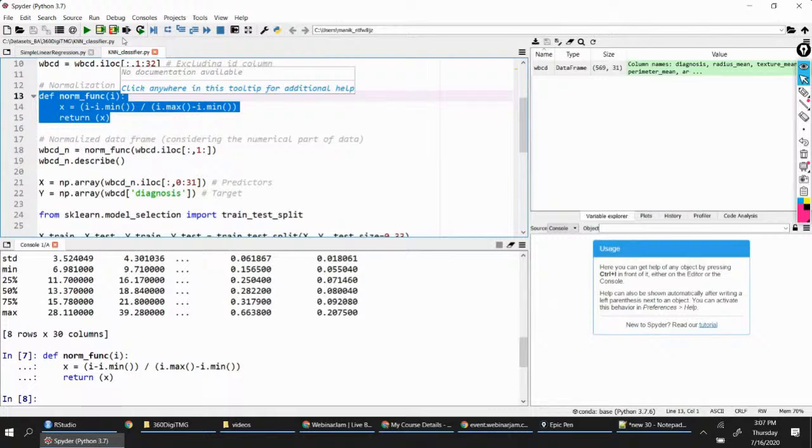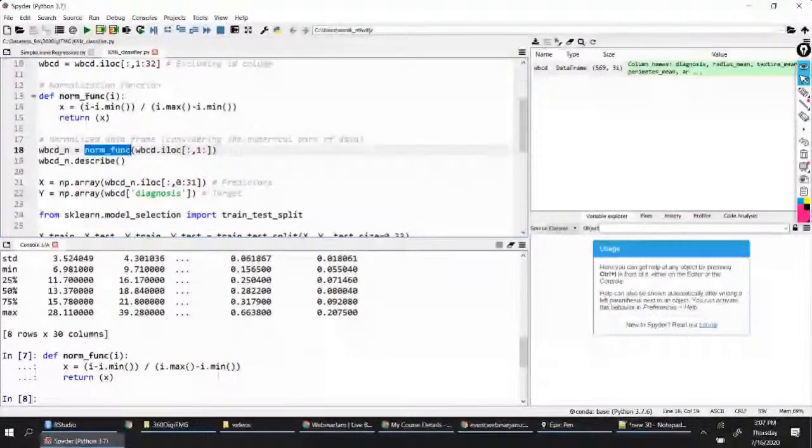Okay, just pass the data here. So you define the function here. What it needs to do when the data is passed is also given here, right?